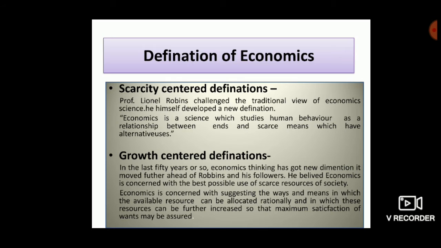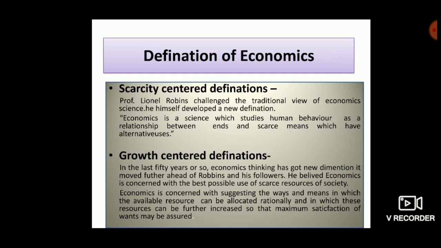Ends indicates human wants. Ends means unlimited. The word unlimited is related to human wants. That means human wants are unlimited. The scarcity-centered definition brings out that human wants are unlimited, but the intensity of each of these wants differs from the others.